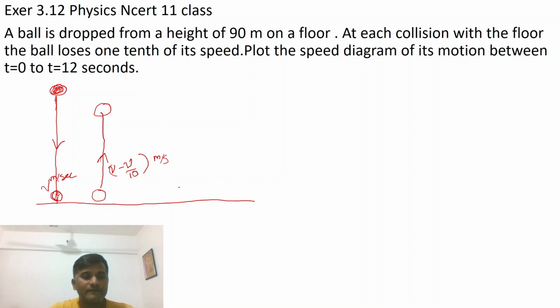Now afterwards, from the same height, it bounced back, then it will again come down. So what is the total time span given? Time span is 12 seconds. That means it started from t equal to 0. Now this time, do I know it? No, I don't know. Let this time be t equal to t1.